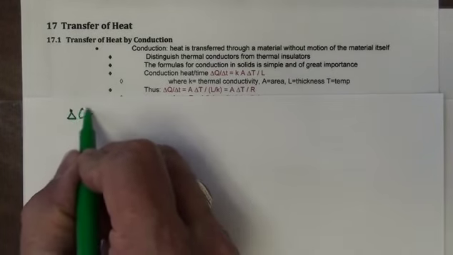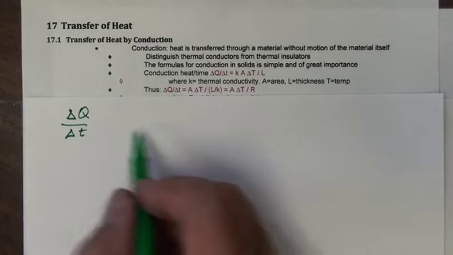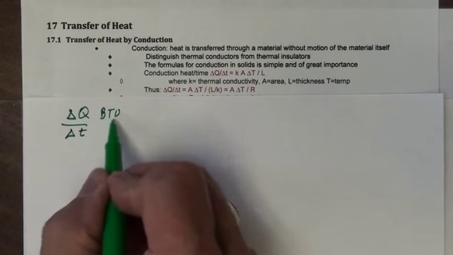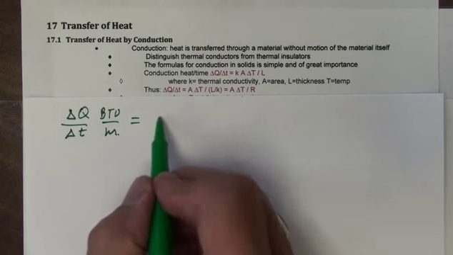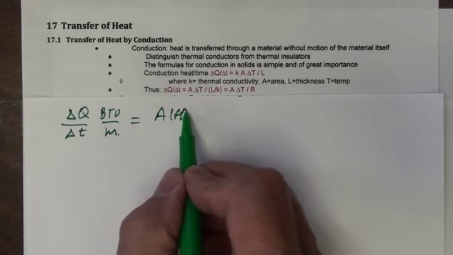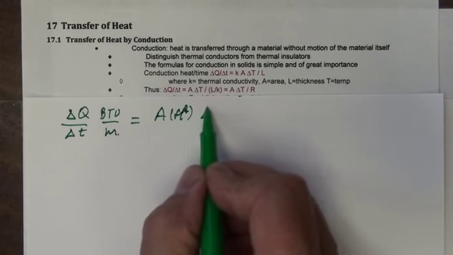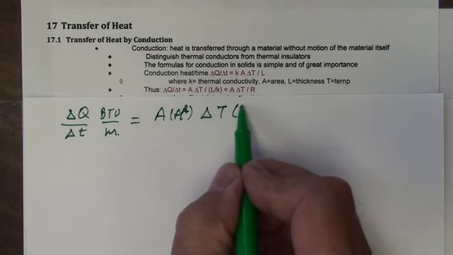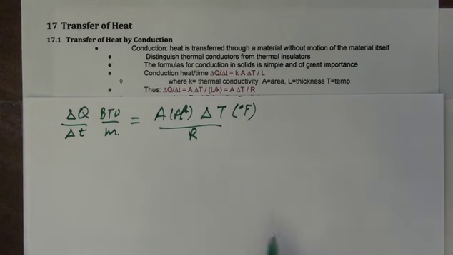So delta Q, the heat flow per unit time, what's that going to be? BTUs per hour. It's going to be equal to the area, that's going to be in square feet, times the change in temperature, degrees Fahrenheit, divided by the R factor.